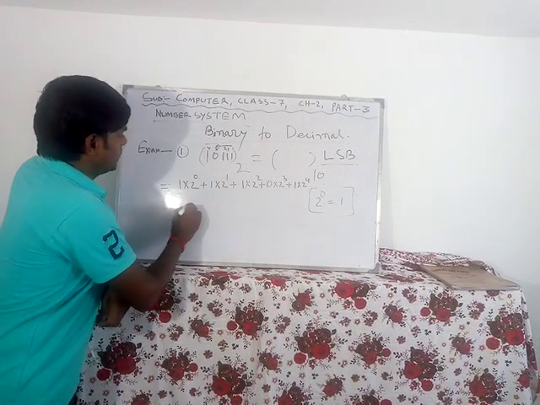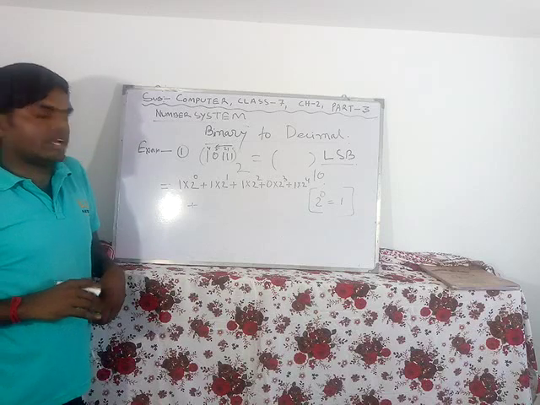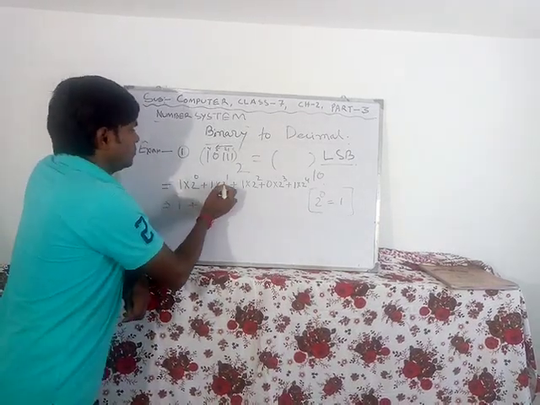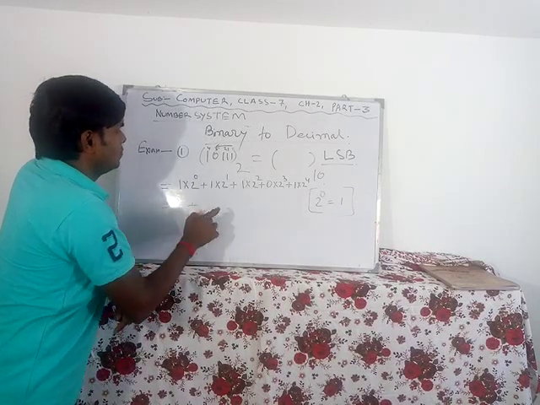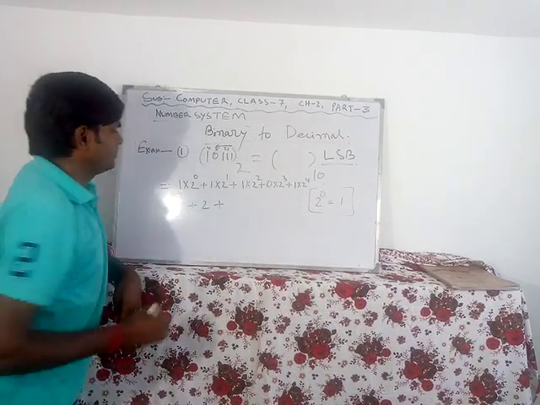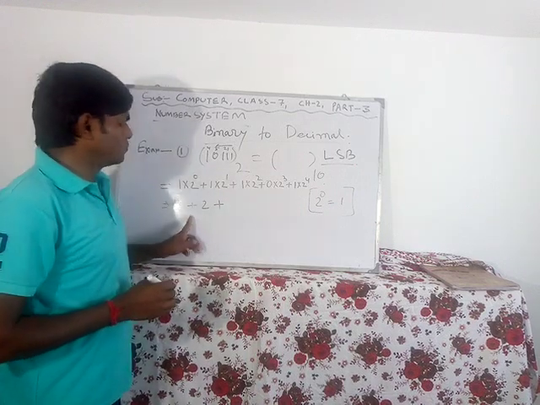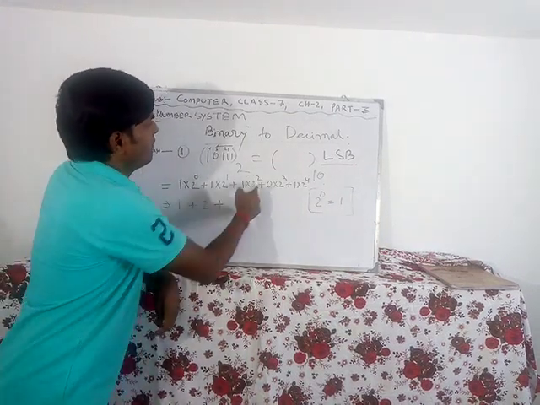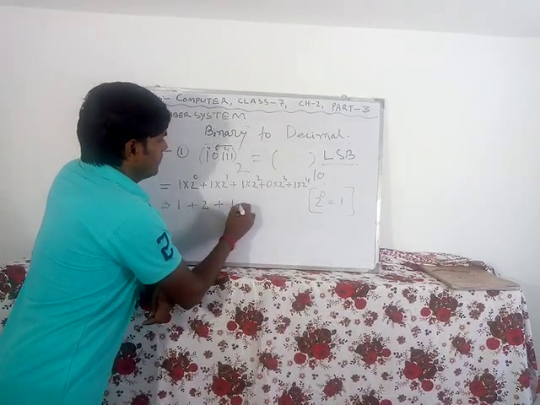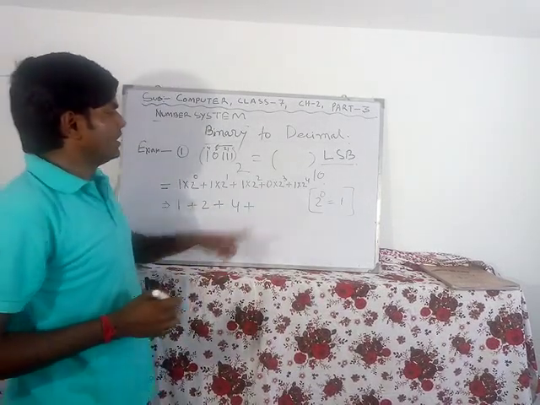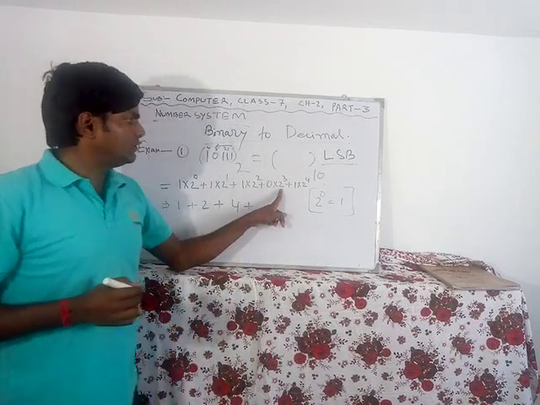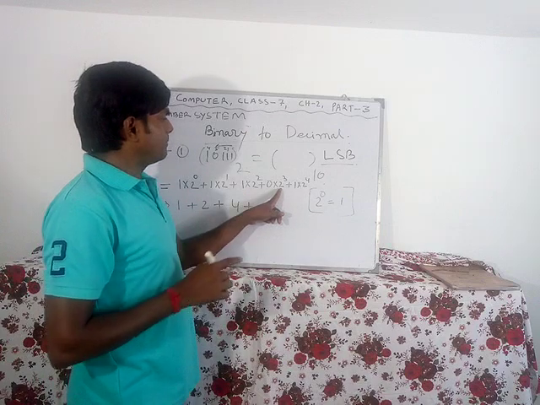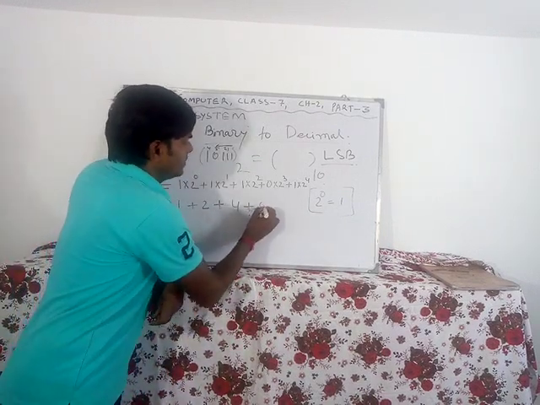1 into 2 power 0 means we are getting 1. Next, 1 into 2 power 1 means 2, so we are getting 2. Then 1 into 2 power 2 means 4. Then 0 into 2 power 3: whatever the result is, multiplied by 0 we get 0.